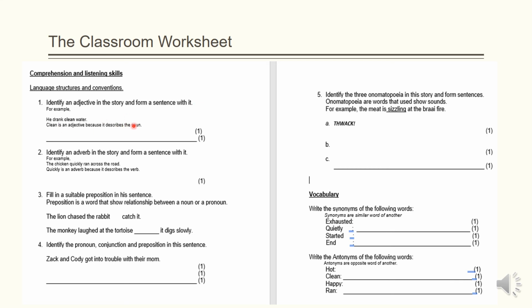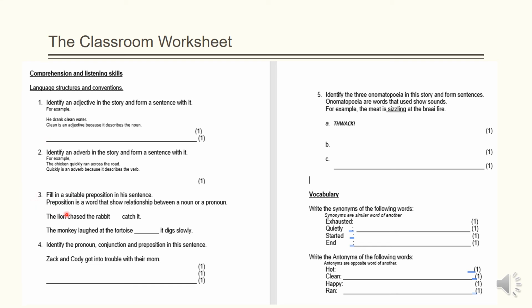Even examples are very well recommended, especially when working with intermediates. It's recommended to have examples. And identify an adverb in the story, form a sentence, the same thing as one.